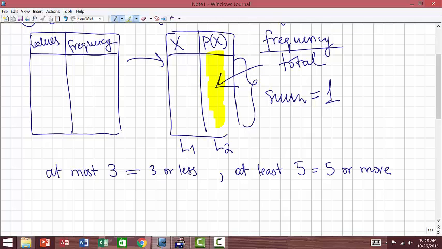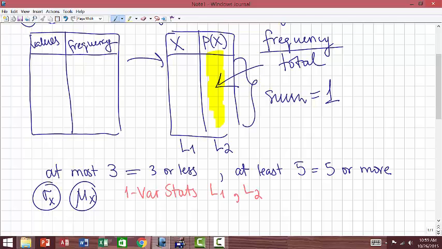Now, to calculate the mean and the standard deviation of your random variable, that's your mean, that's your standard deviation. You don't need to do this by hand. We need to use our calculator, and the command here will be 1-Var Stats, and then we do L1, L2.